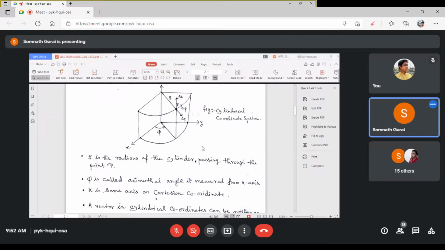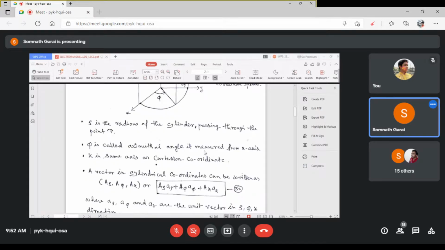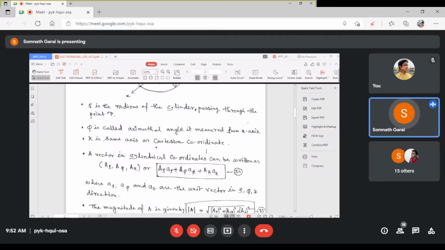Now in the cylindrical coordinate system, the components of the vectors are capital A rho, capital A phi, and capital A z, as in the rectangular coordinate system it is capital AX, capital AY, and capital AZ.